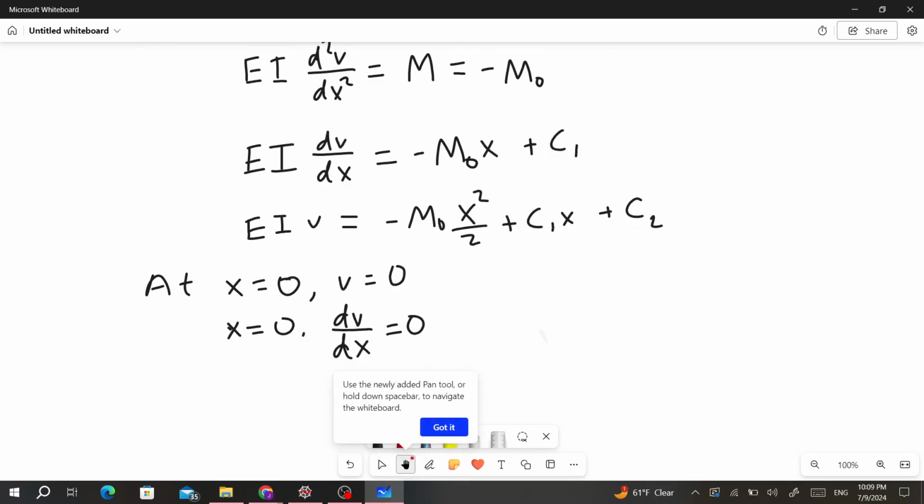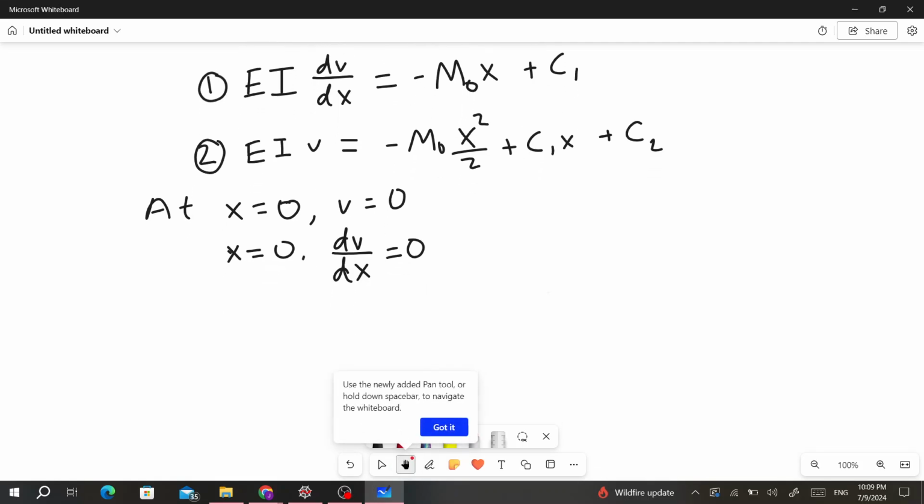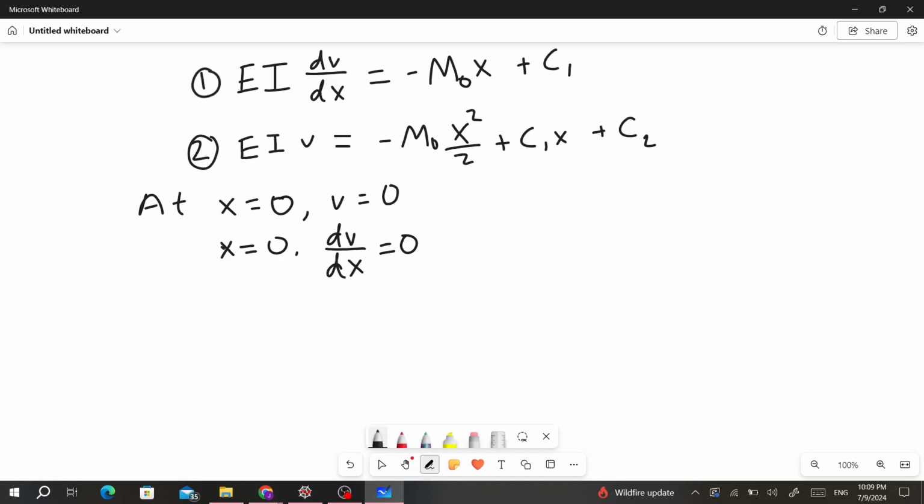If we call these equation 1 and equation 2, we're going to sub these boundary conditions into equations 1 and 2.